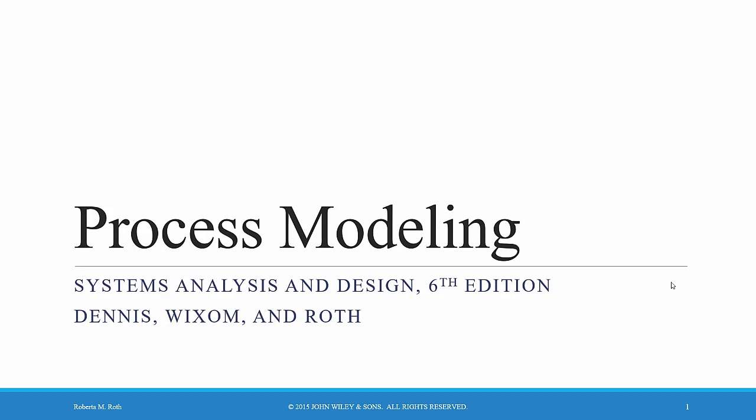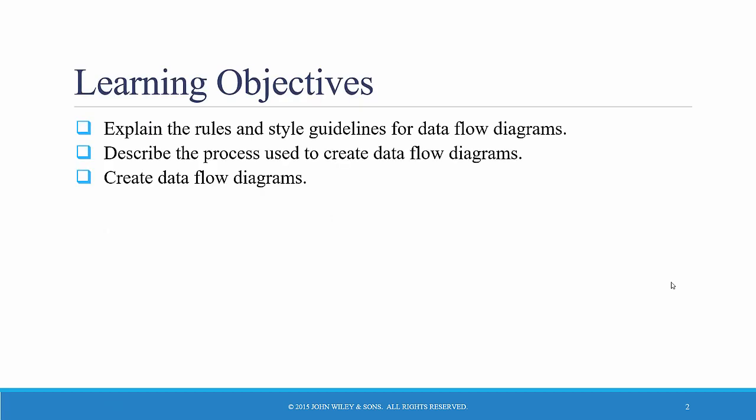Data flow diagramming, described in this chapter, is one of the most commonly used process modeling techniques. Data flow diagrams, or DFDs as they're often called, are a type of process model. They are used a lot. One reason is because they are easy to understand and easy to build.